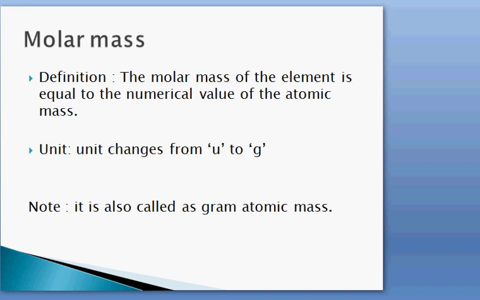Now we talk about what is molar mass. Molar mass is nothing but the atomic mass, only the numerical value of the atomic mass, which I just said is the gram atomic mass, and the molar mass are equally defined. They're the same thing. That is, the unit of u, that is the amu, will be changed into grams, right?